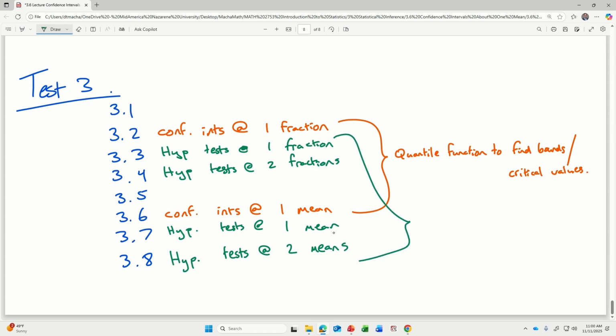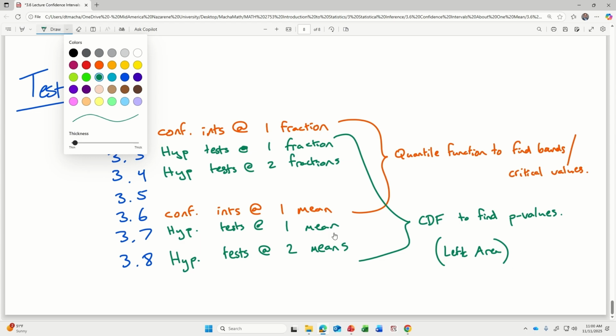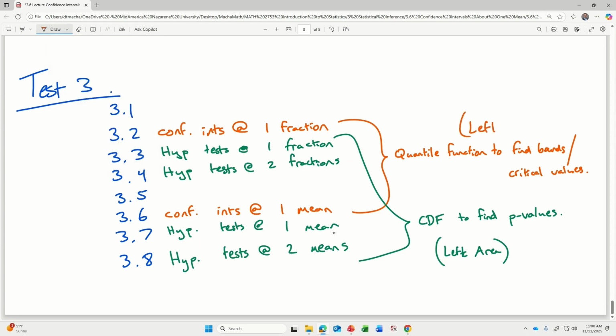For all of these, you're going to end up having to use the CDF, or cumulative distribution function, which is the left area part, to find p-values. On Desmos, use left bounds for the quantile function and use left area for the CDF.